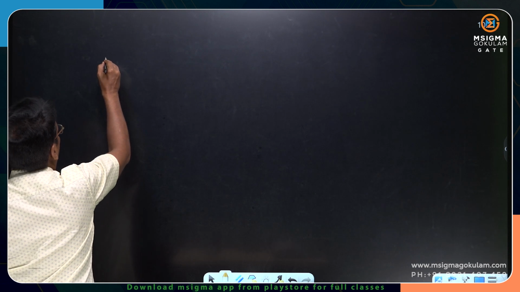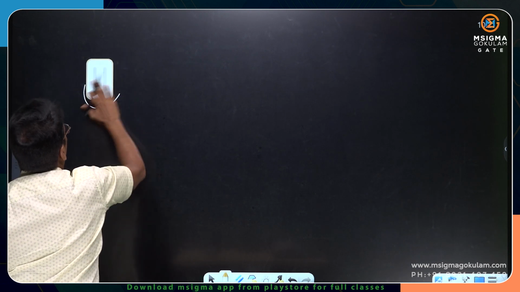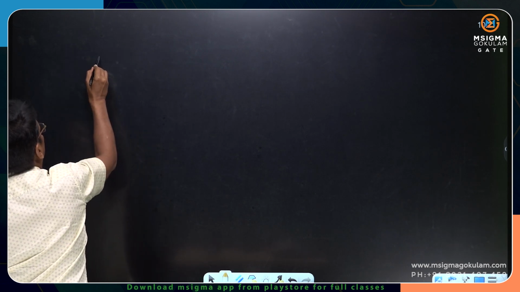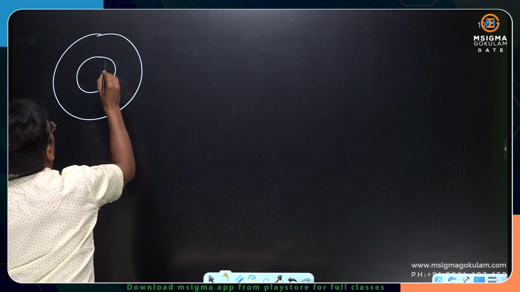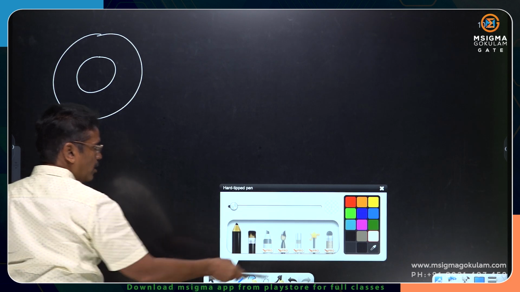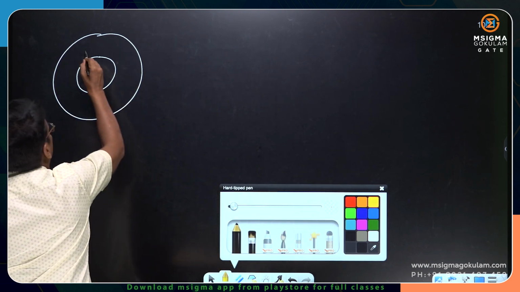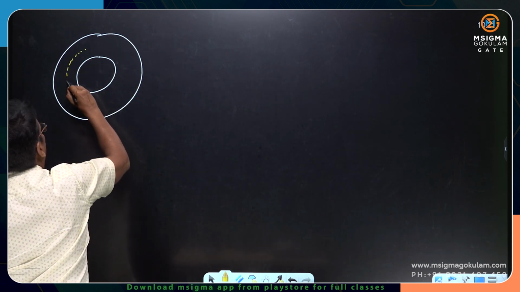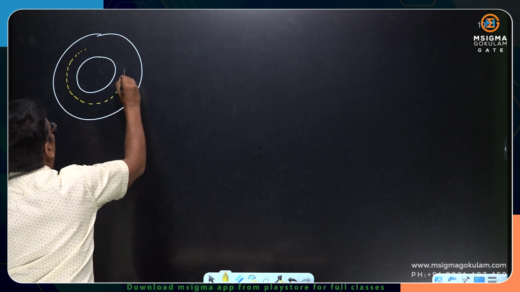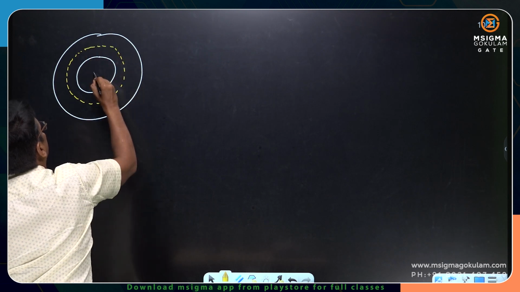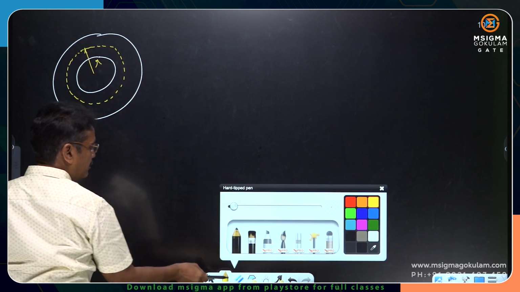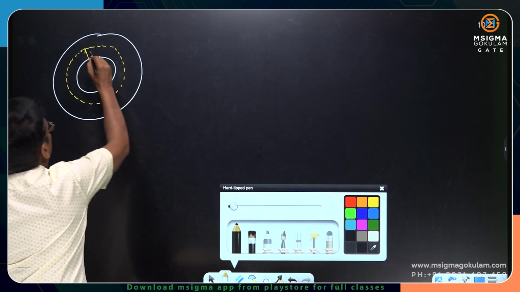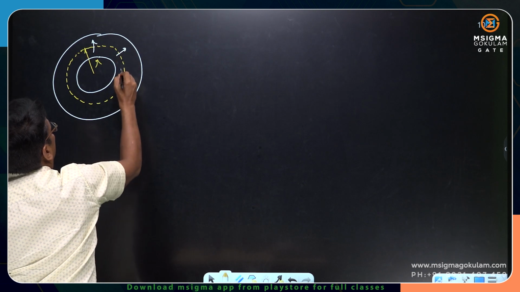Here I could show it graphically also. If this is the end view of the hollow cylinder, at any radius r arbitrarily selected here, measured from the axis, this is the direction of the heat flow.